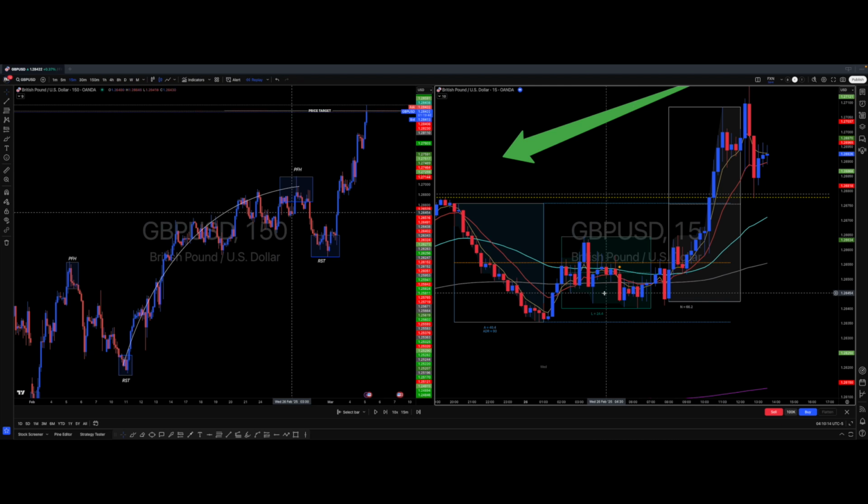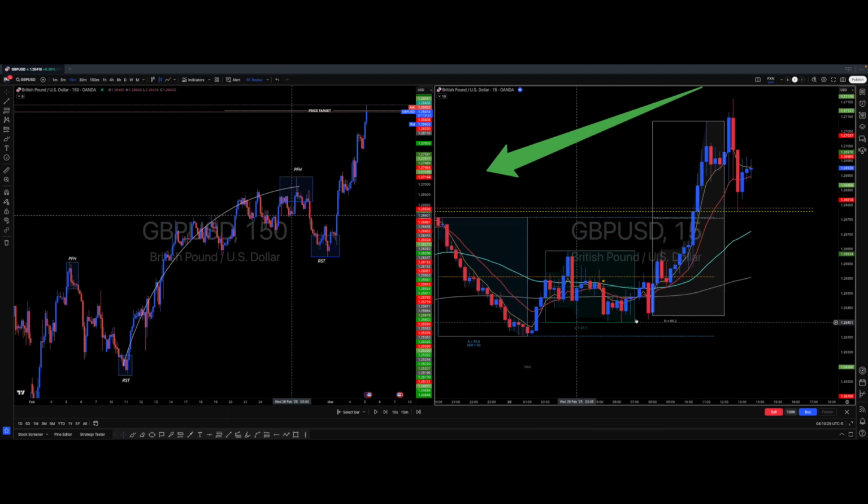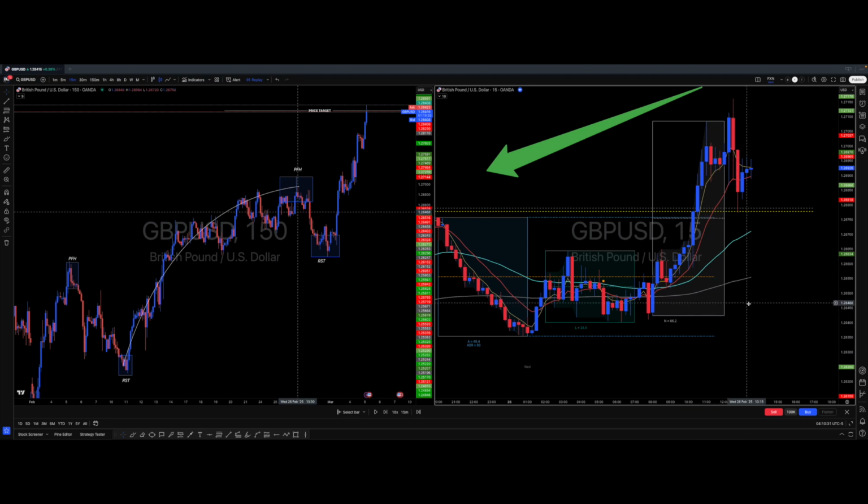So for me, there's nothing here to trade, especially when I see all of the EMAs going through price. I know that I'm expecting consolidation to happen. Even in the US session, there's nothing for me to trade there.